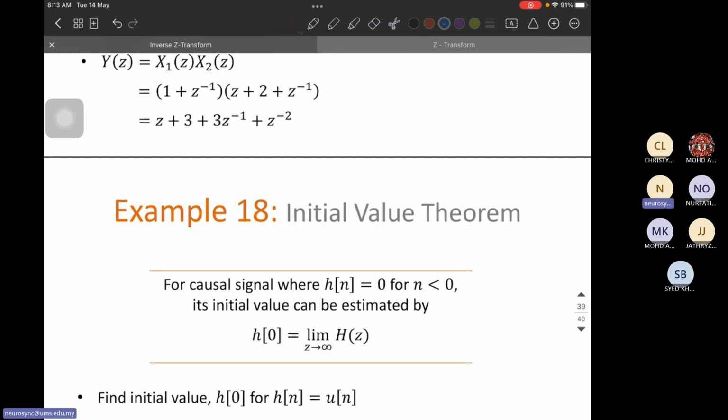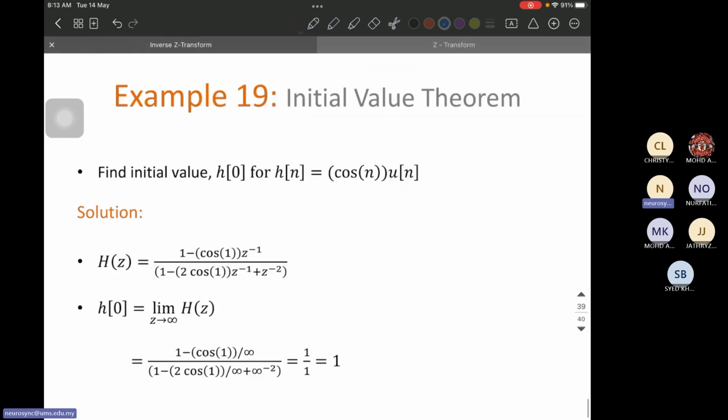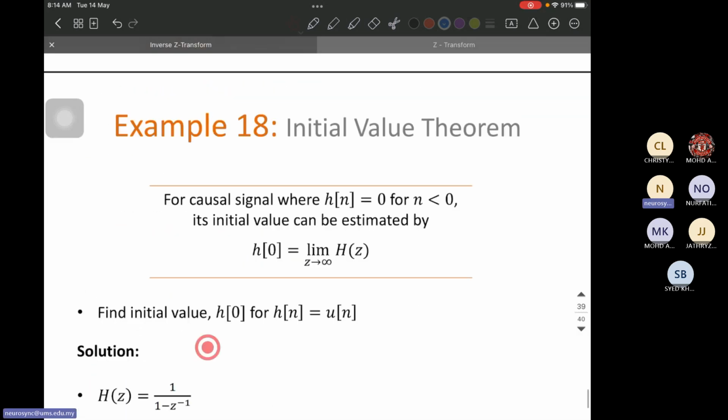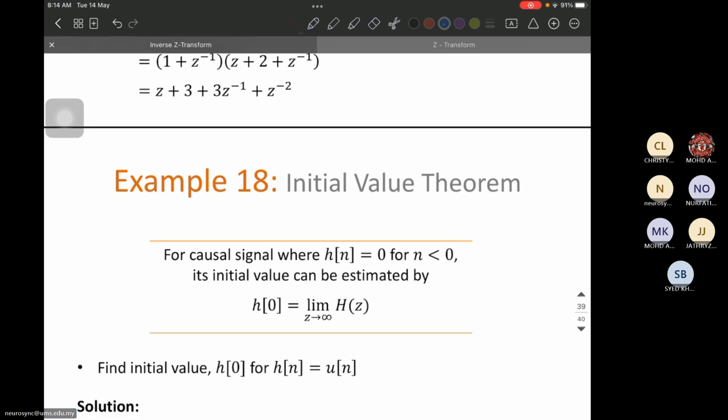Then there is a theorem called the initial value theorem and the final value theorem. Now in the initial value theorem, for the causal signal, h of n equal to 0 for n less than 0, its initial value can be estimated.